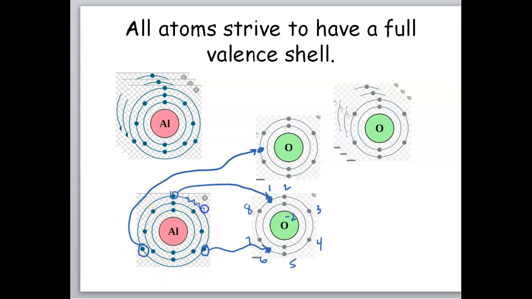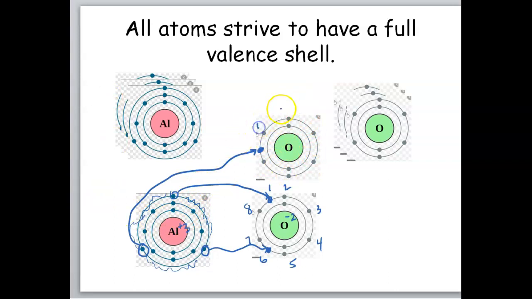This shell, remember, is no longer here because all the valence electrons left. 3 electrons left. That means that this aluminum has a +3 charge, and it has reached nirvana. It has reached that noble gas state. However, oxygen has not.